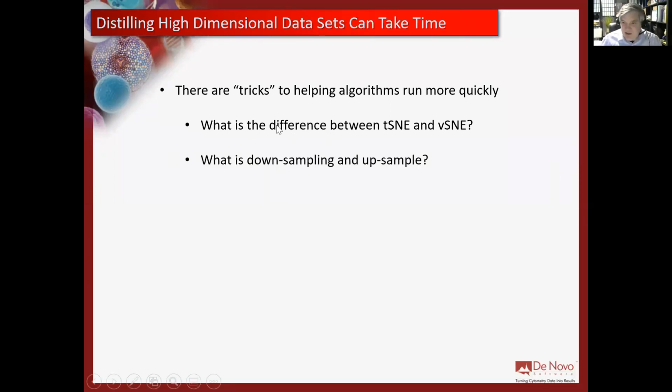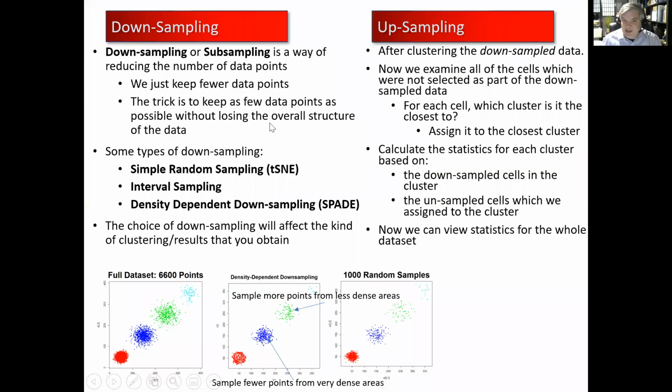Another way that we do that is through upsampling and downsampling. You may have heard people talk about upsampling and downsampling. You may not have, but I want you to understand this because it's really important when we run t-SNE. Say we have a million events that we want to run an algorithm on, and we know that it's going to take us 3 days to run.